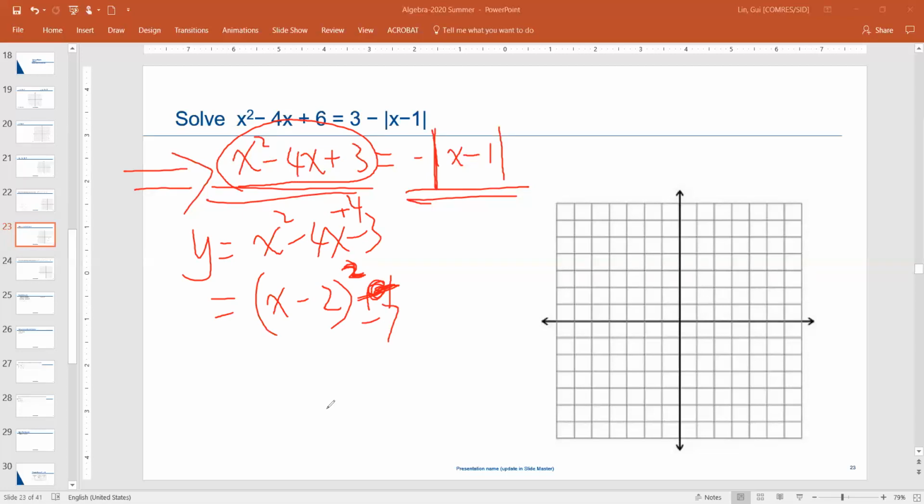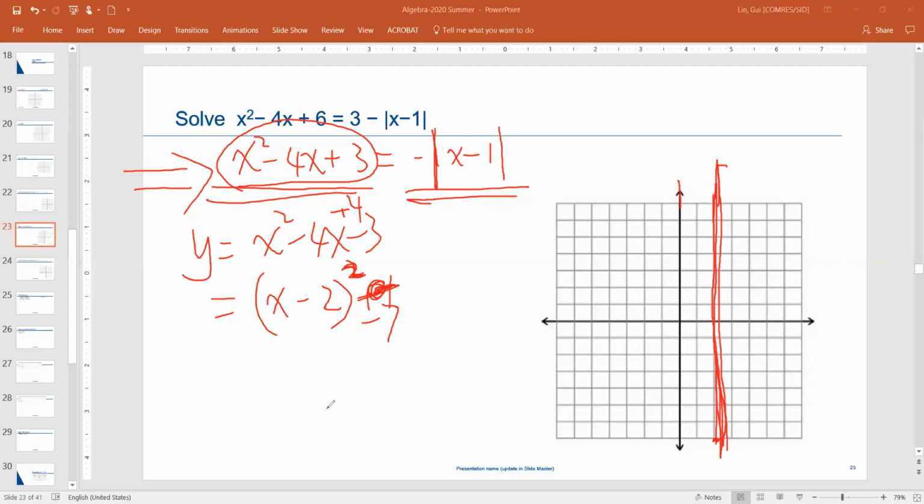So the vertex is right here, x equals 2, my graphing is not good, and negative 7 right here. Is it at the very end of the problem? Isn't it supposed to be +3? Yeah, it should be +3, not -3.